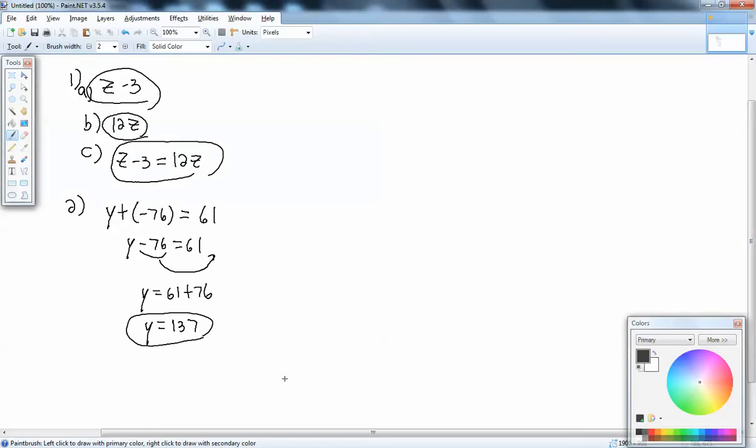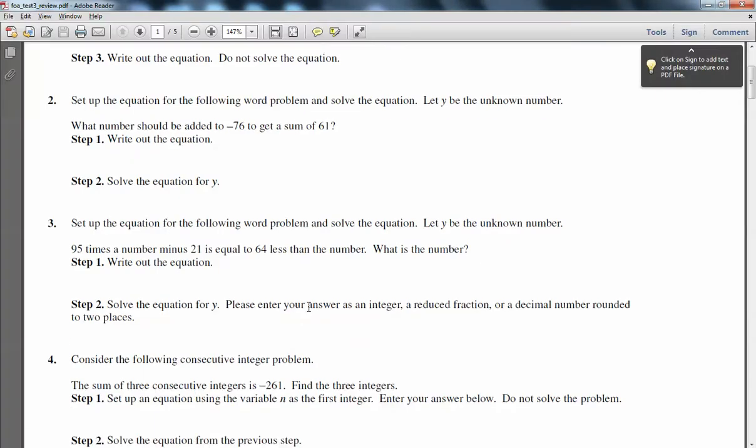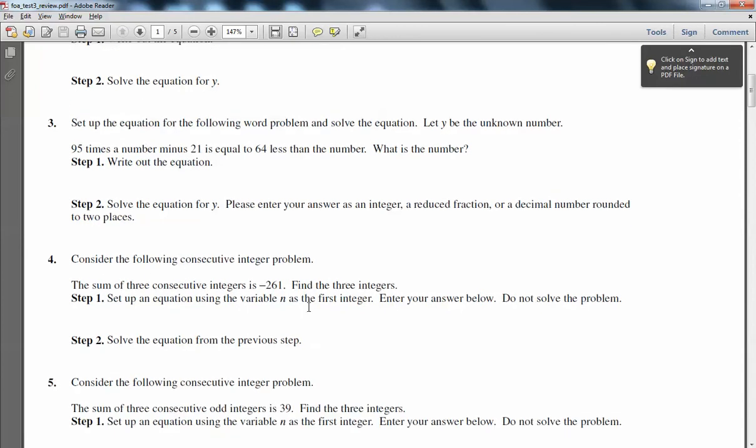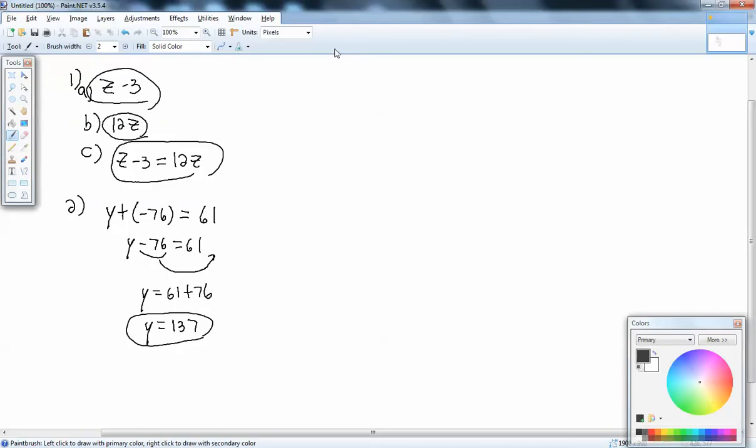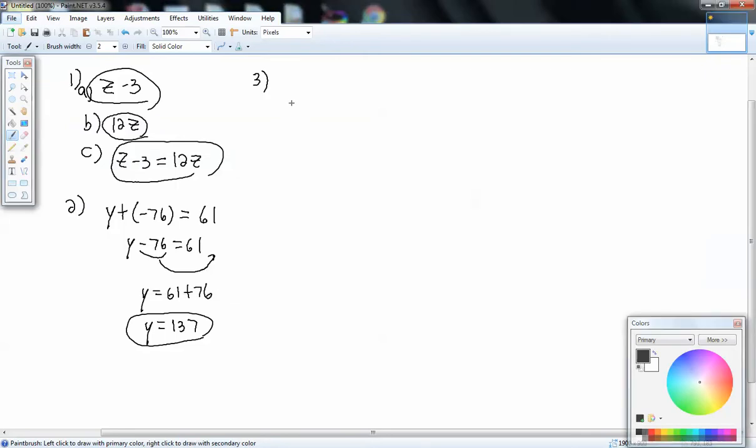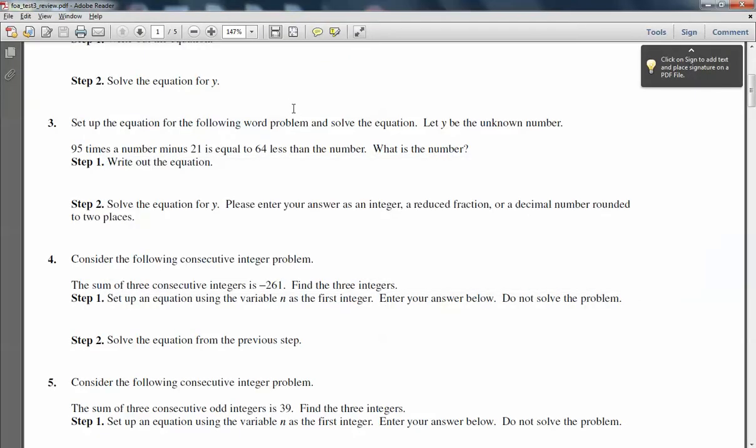Okay, that looks good. Okay, problem number 3. Set up the equation for the following word problem, solve it.